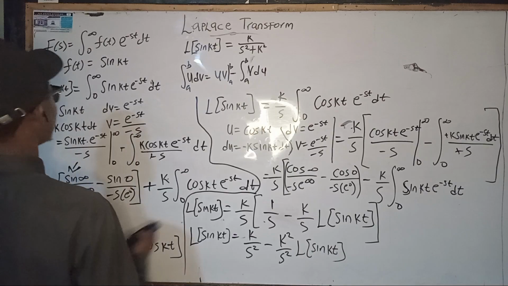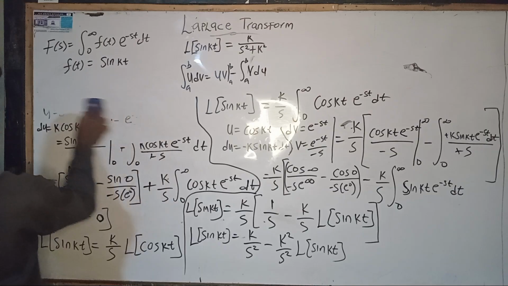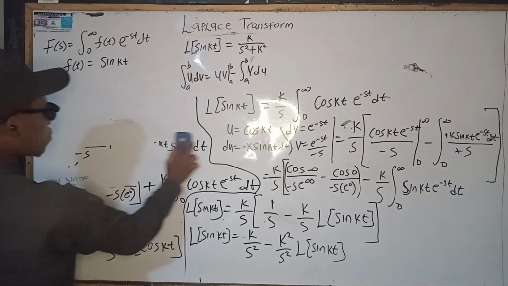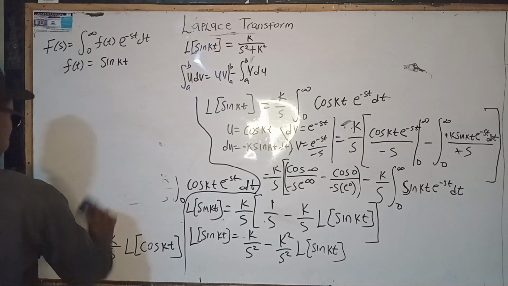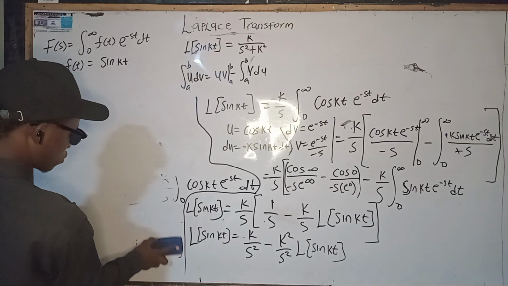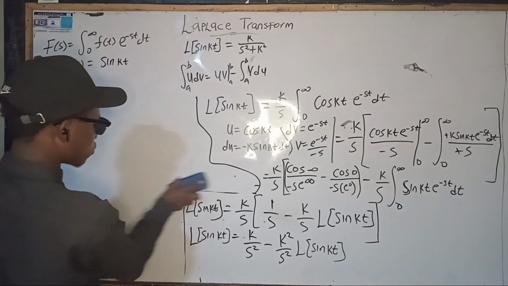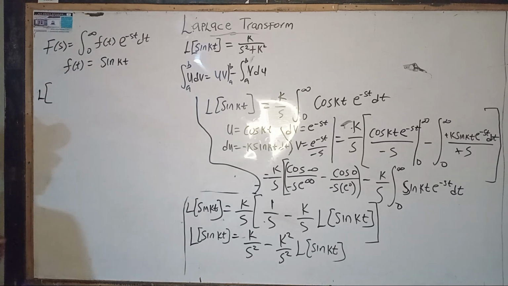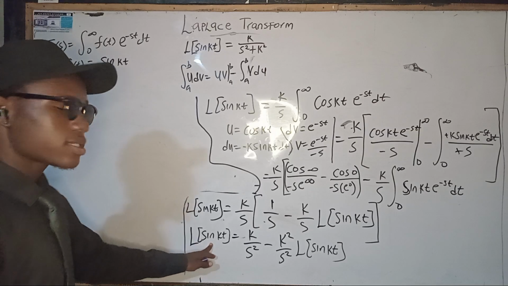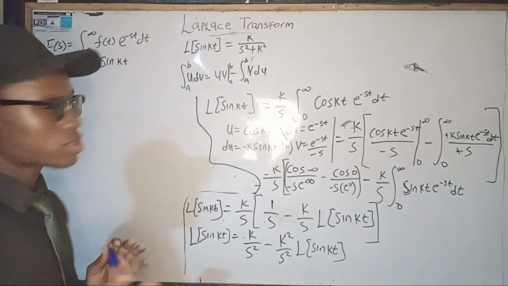So let me make some space over here. I'm going to be having our Laplace transform. Now, look at this Laplace transform of sine kt. Everyone that has Laplace transform of sine kt, we are bringing it to one side, and every other thing we are bringing it to the other side.